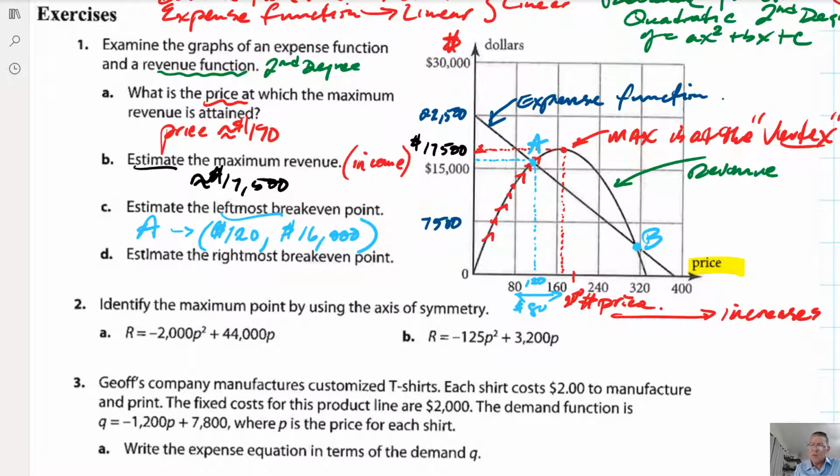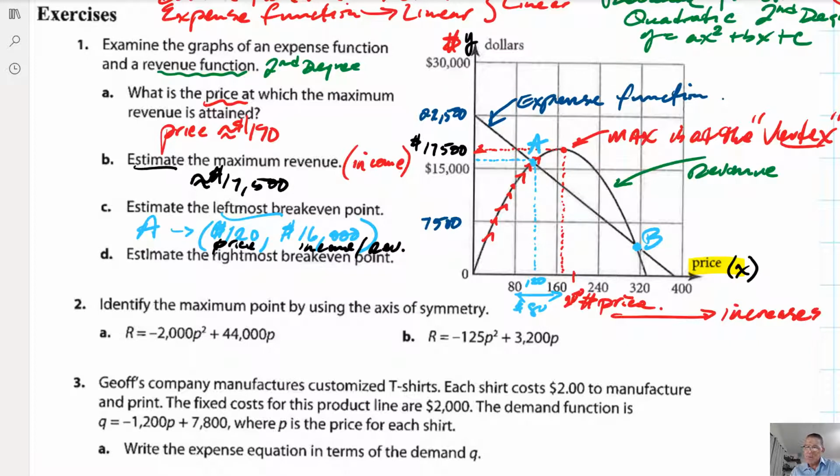The first value is price. The second value is income, or what we say, revenue. You have to understand that the first value in the ordered pair, if we're looking on the graph, represents price because that's an X value on the graph. Price is on the horizontal, and on the vertical, of course, is the money coming in.